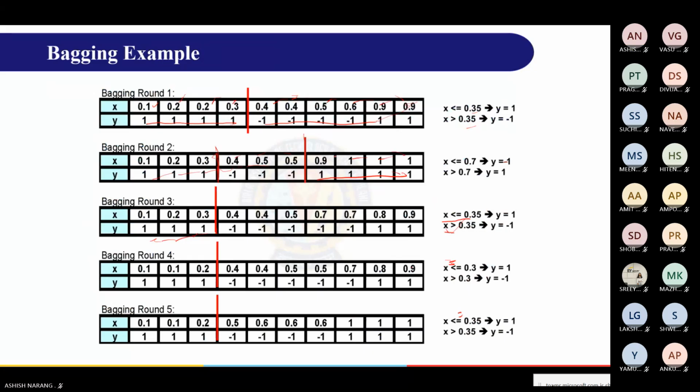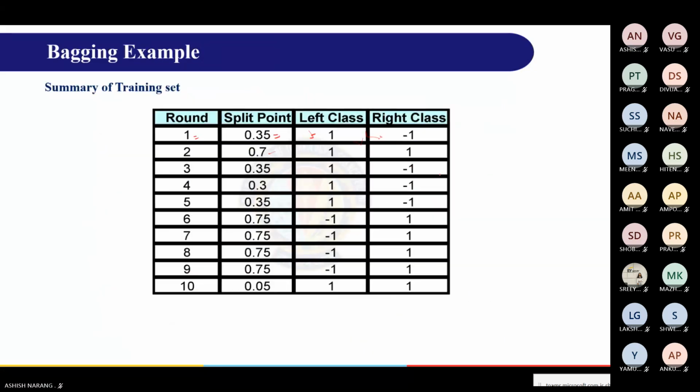Less than 0.7 and greater than 0.7. Split point this; less than 0.7 is a -1. So you look at this, for each classifier we are able to come up with a left class and a right class, which is what we have done here.